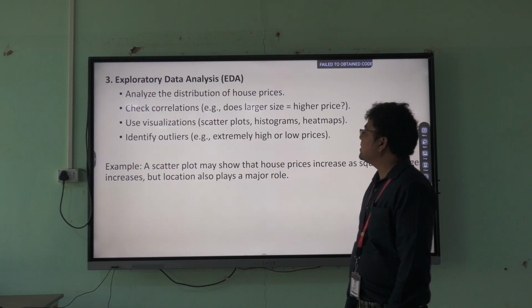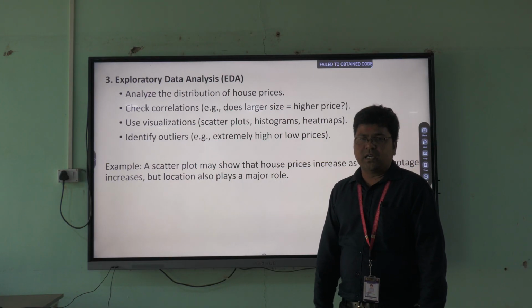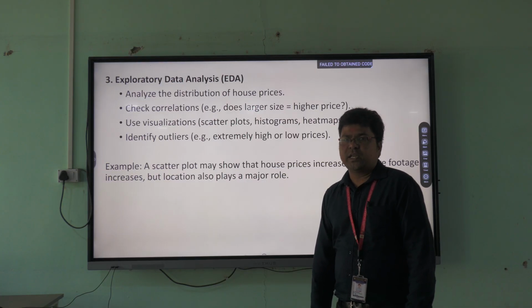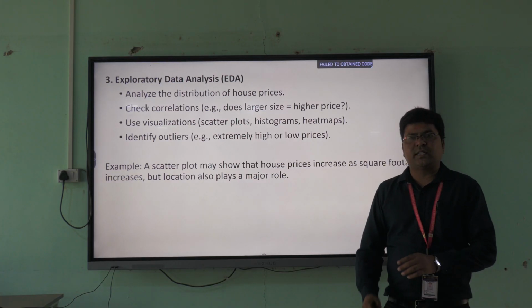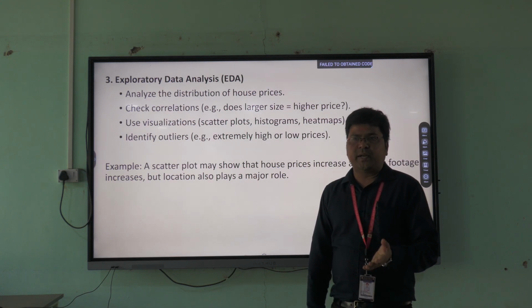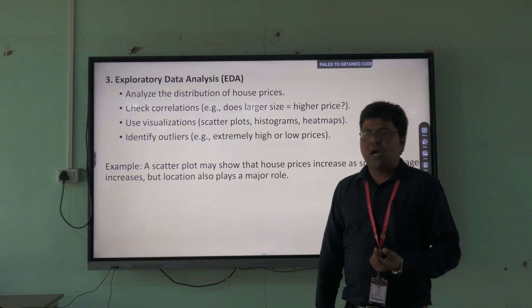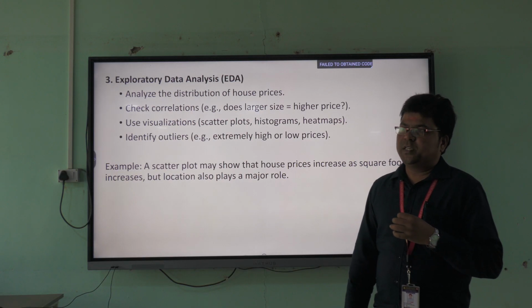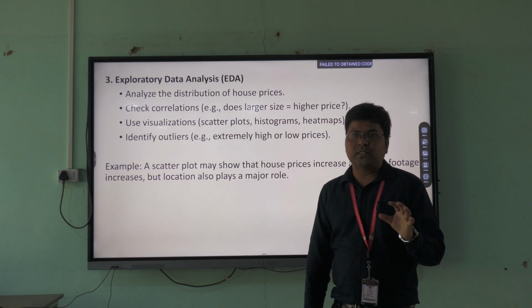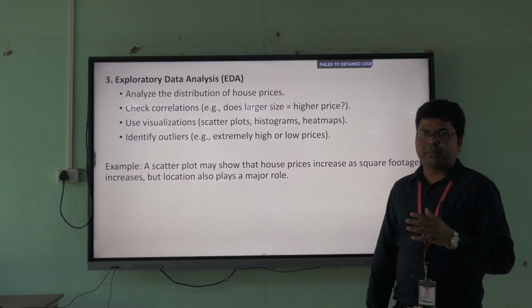exploratory data analysis. We need to analyze the data and check how the data has been spread. The best way of doing exploratory data analysis is using a scatter chart. Through the scatter chart we can see how the data has been spread, and we can also identify whether we have any outliers in the data. An outlier is a data point that is very different from the rest of the points, so that kind of data can be removed.